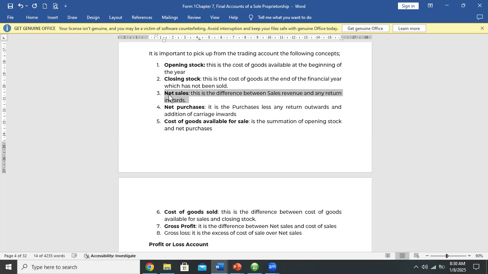So that will be 10 times 10, 100. So out of the total 5,000 you sold, they have returned 100 cedis to you. So if you want to know your net sales, the true sales, you have to less the 100 cedis from the 5,000 so that you'll be able to say that genuinely you have sold 4,900. So that is your net sales.